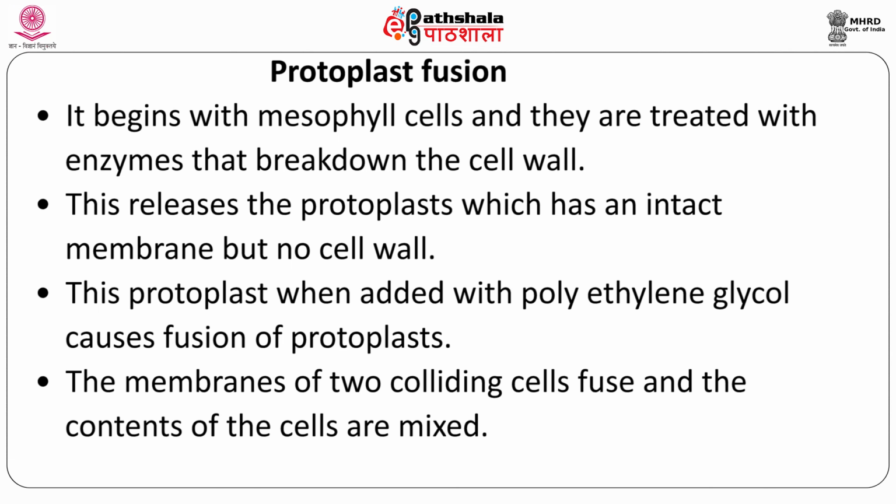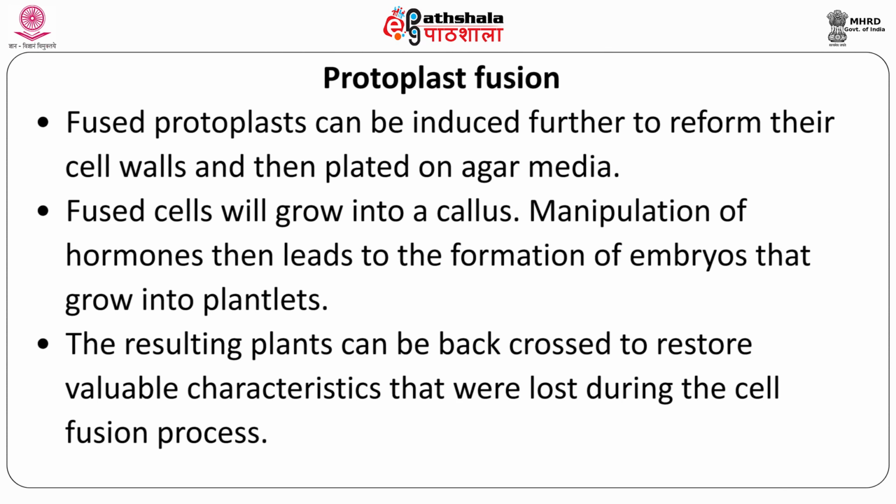So this protoplast, when treated with polyethylene glycol, undergoes fusion of protoplasts. The membranes of two colliding cells fuse and the contents of the cells are mixed. Fused protoplasts can be induced further to reform their cell walls and then plated on agar media.